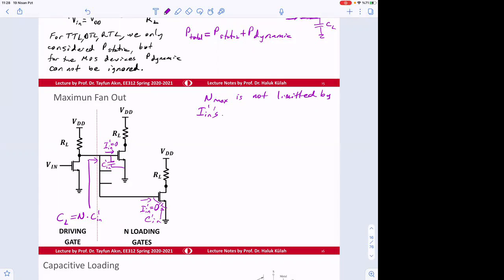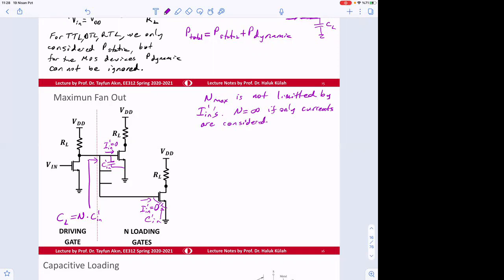Therefore, in terms of current driving capability, N is going to be infinity if only currents are considered.